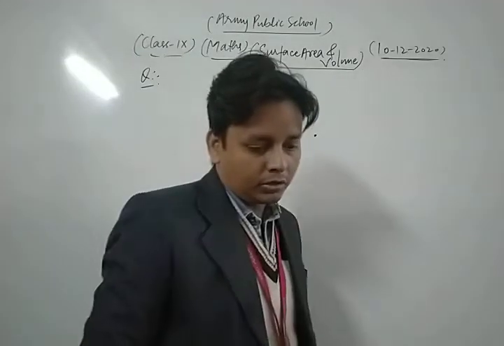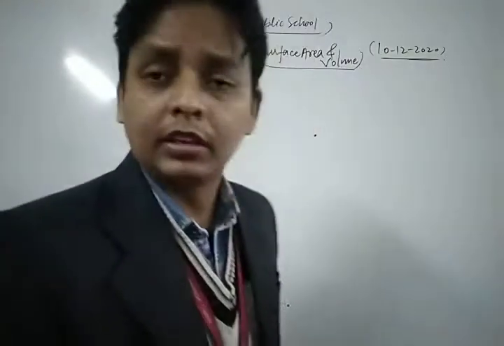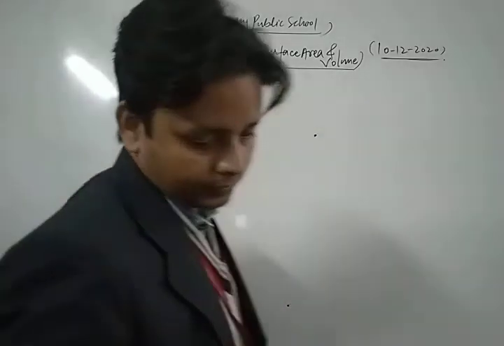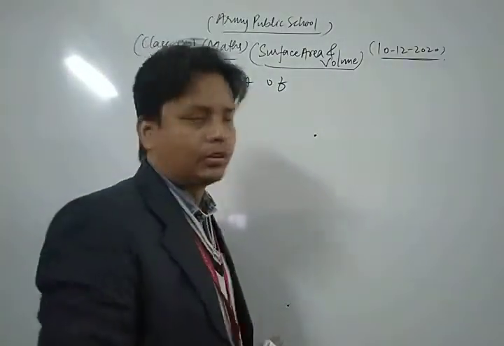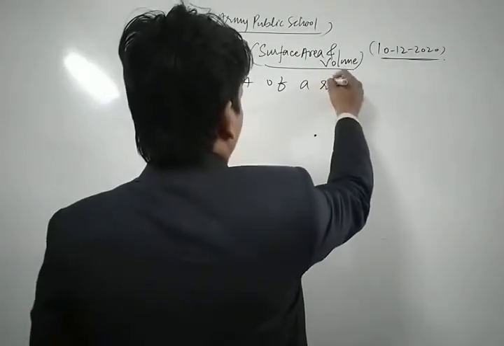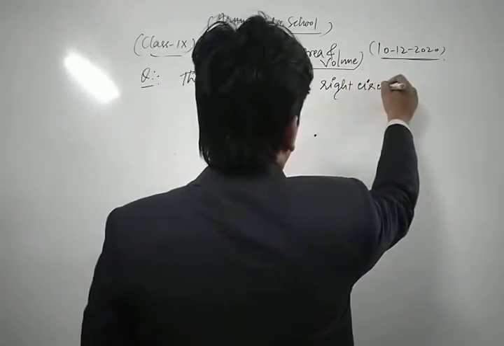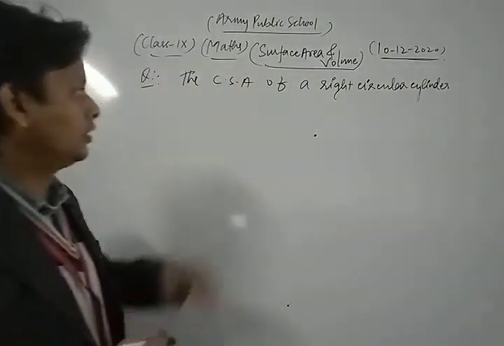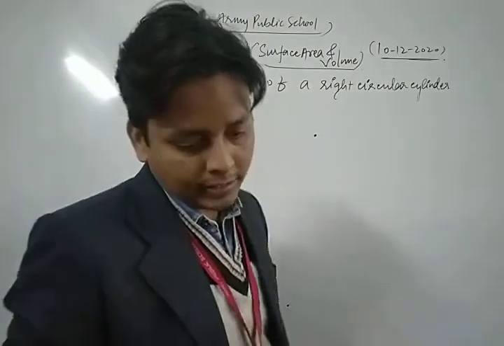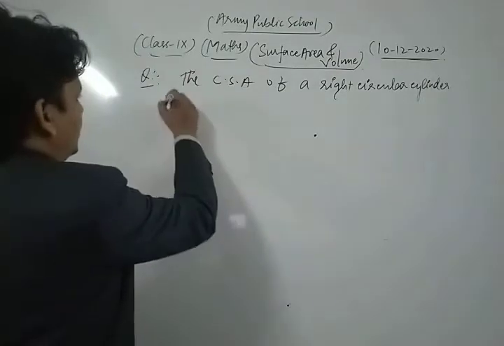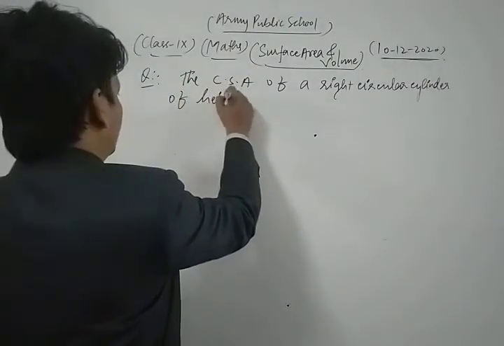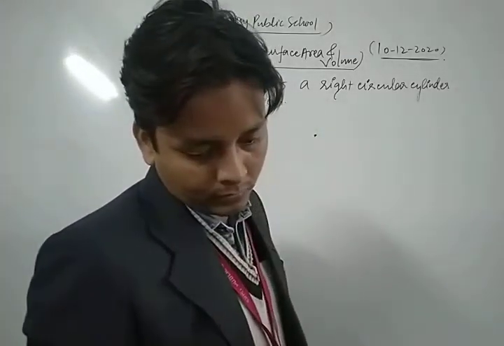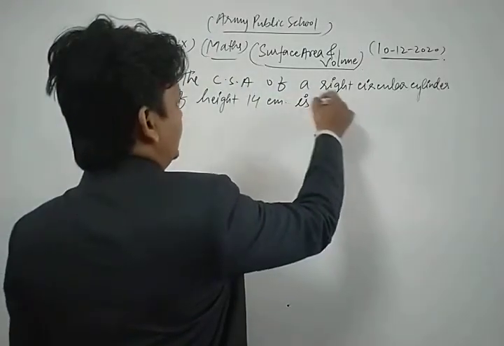Your question is: the curved surface area of a right circular cylinder of height 14 centimeter is 88 centimeter square.